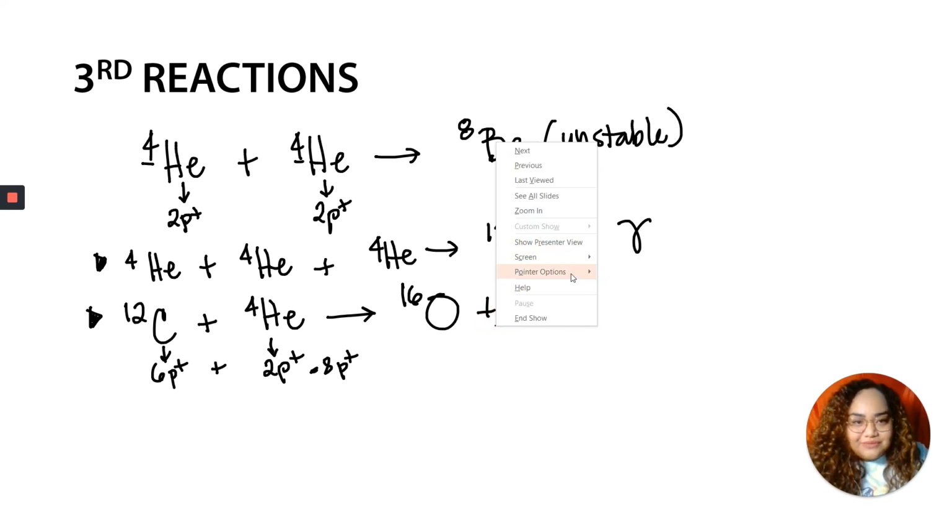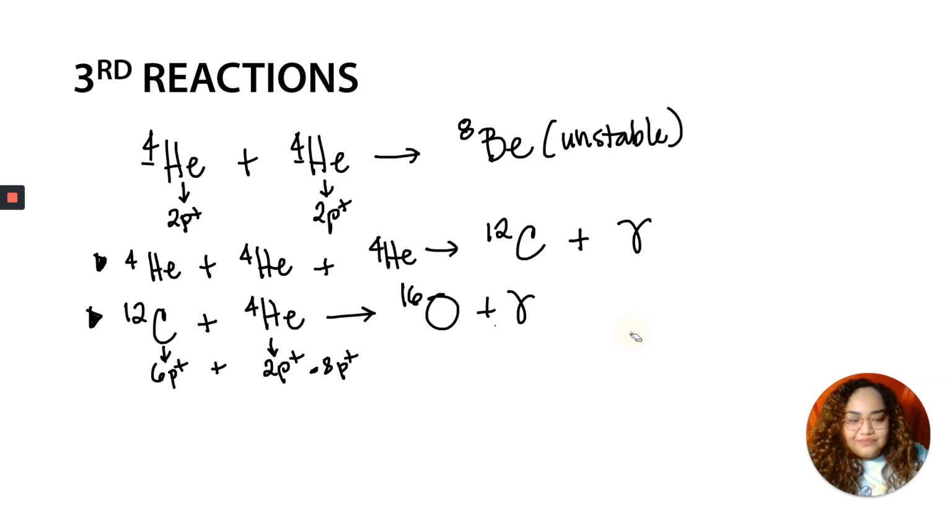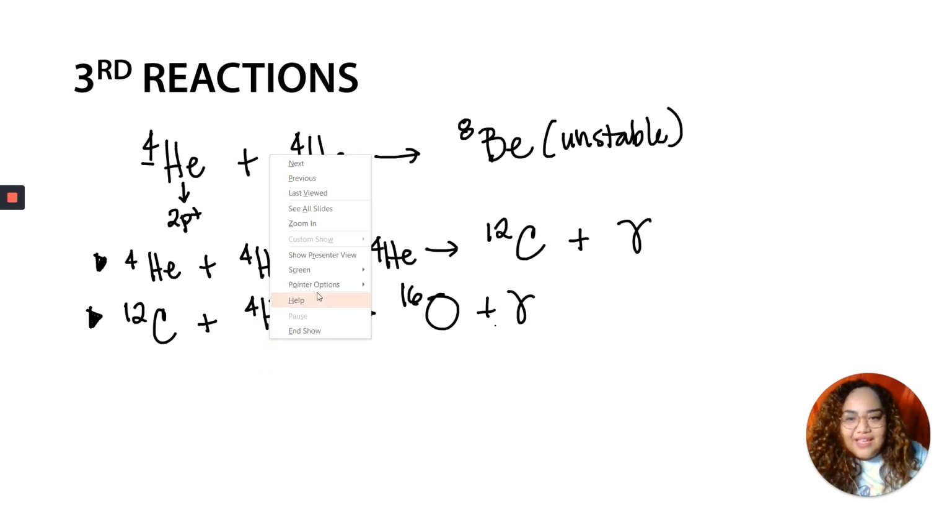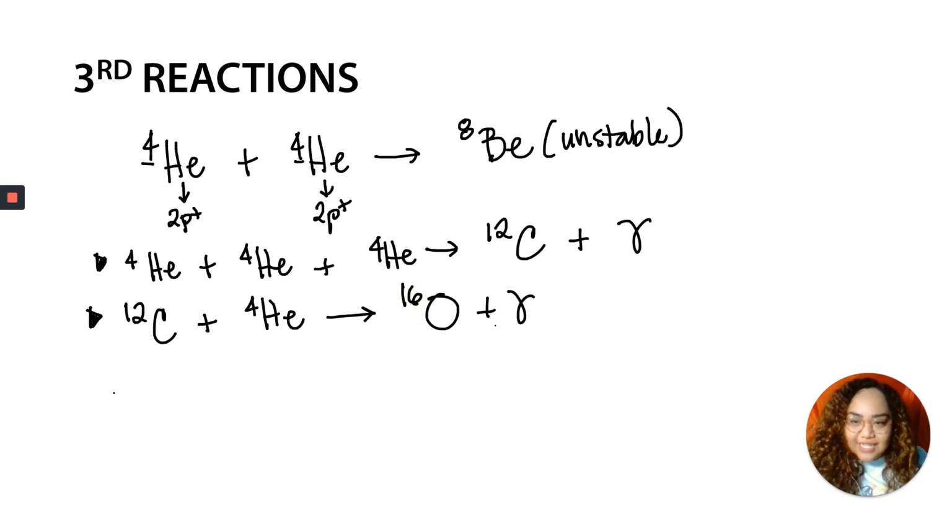I'm going to erase this because I'm lacking space. Now, what about if we continue? What about if we get 16 oxygen and then let it react with 4 helium? So 16 plus 4, that's 20.